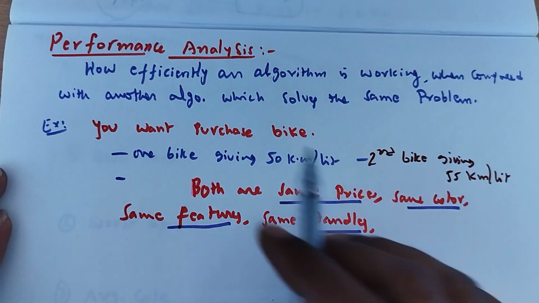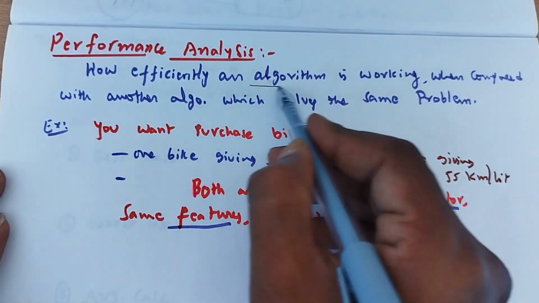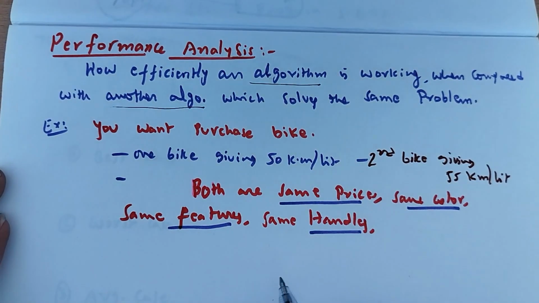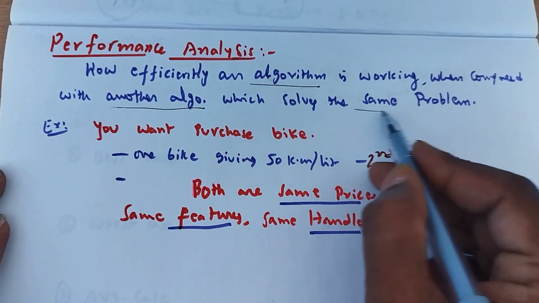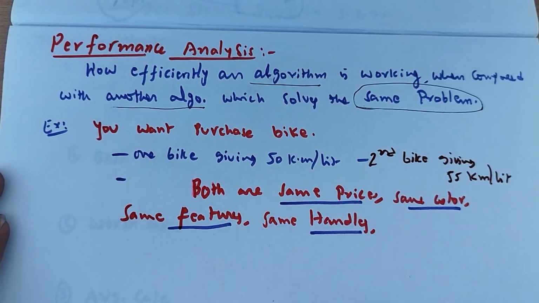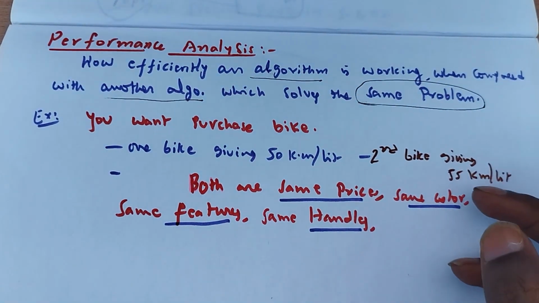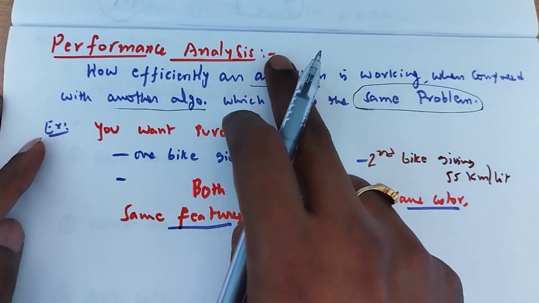Here, it means how efficiently an algorithm is working compared with another algorithm which solves the same problem. Both solve the same problem. Whenever we solve a problem with two or three different algorithms, which one is the best one? That is called performance analysis.